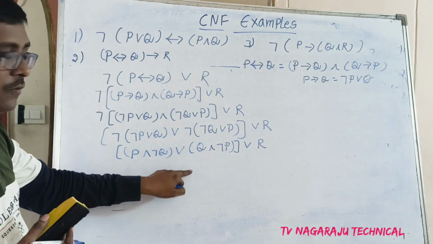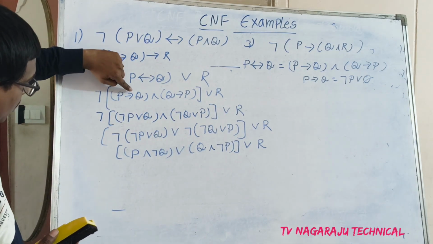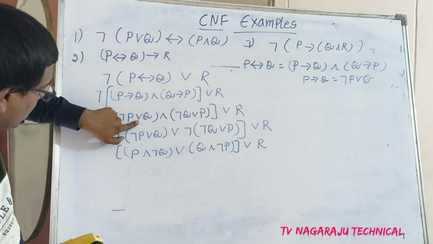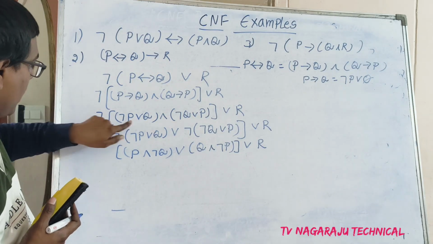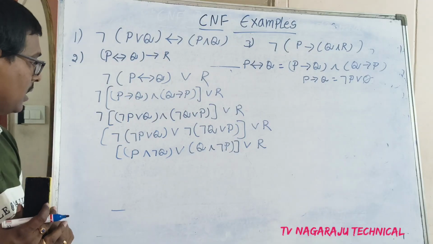Till now there is no confusion. I am just converting implication into implication, again that implication into this formula, and applying De Morgan's law. This is the final expression you are getting.